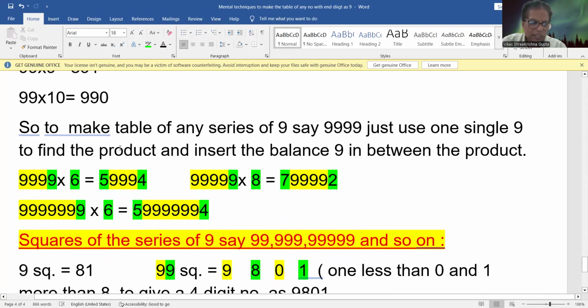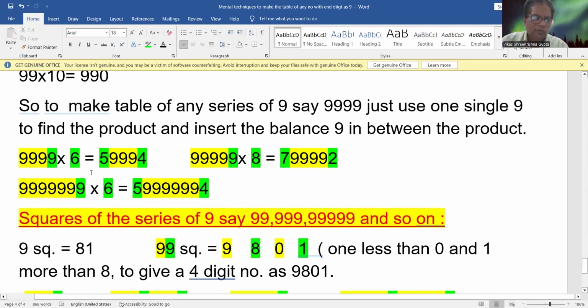And suppose I have to make a table of 9999 into 6. Now 9 into 6 is 54, and these 3 9s are extra. So just put these 3 9s between the digits of the product of single 9 and 6. I get the answer 59994. Suppose I have to multiply this series of 5 9s into 8. Now 4 9s are extra. So what do I do? I multiply 9 into 8 and get 72. Then I put these 4 extra 9s between 7 and 2.